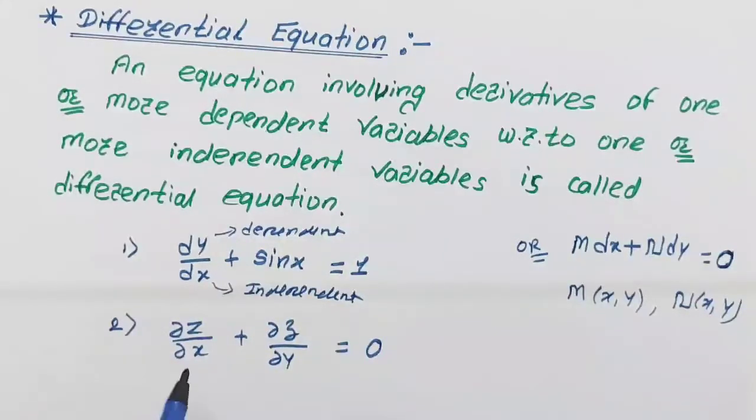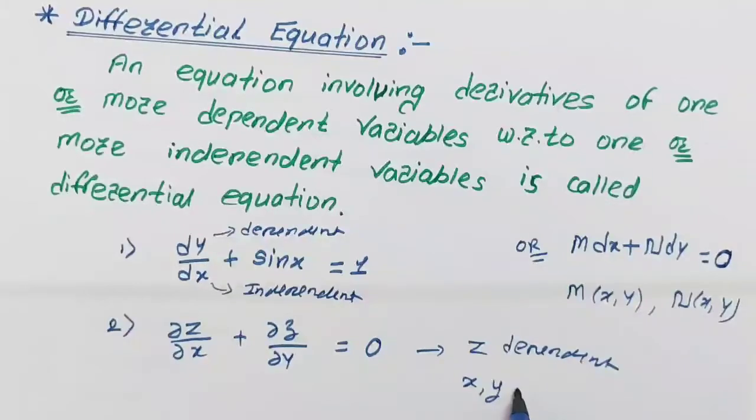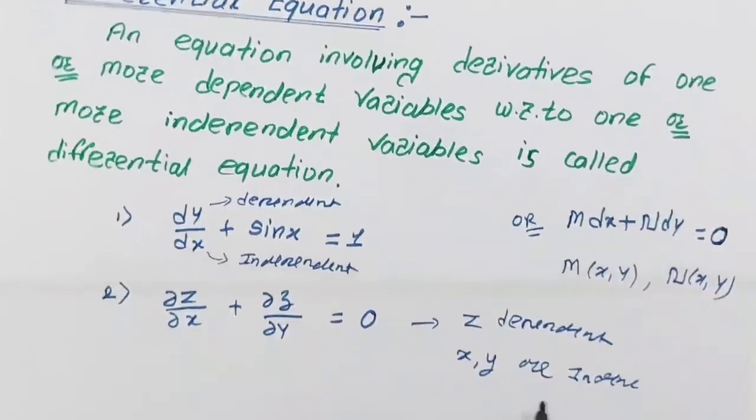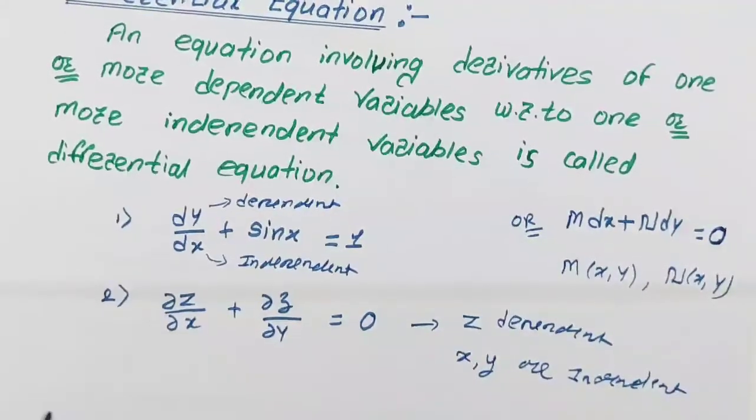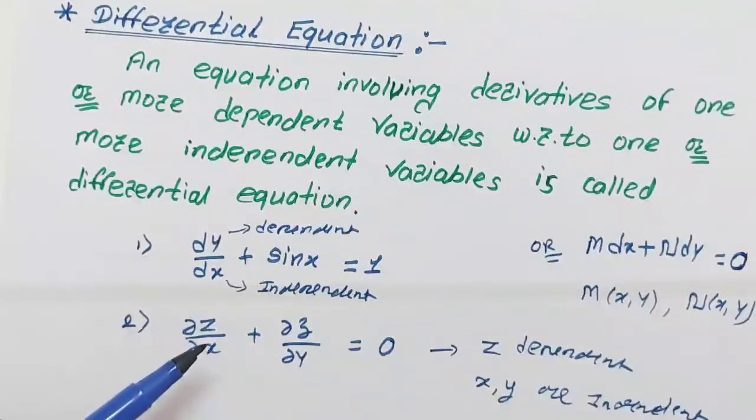Now in the second example, it contains the derivative of z with respect to x and y. That means here z is the dependent variable, and we are taking the derivative of z with respect to x and y, so x and y are independent variables. So in this second example, it again involves the derivative of a dependent variable with respect to independent variables, so this is again a differential equation.